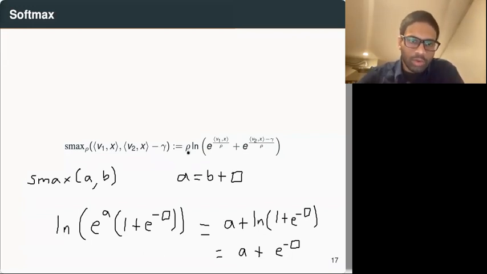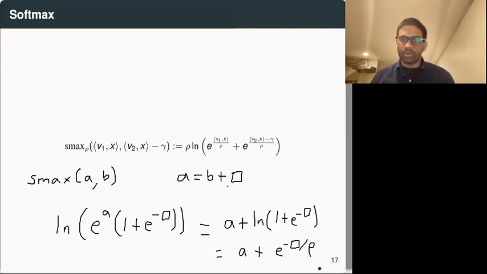The point of rho in this whole thing is that if box is not large enough, then by setting rho, what you're effectively doing is changing this e to the minus box dependency to e to the minus box divided by rho. So if I make rho really small, it's going to make e to the minus box by rho exponentially small.